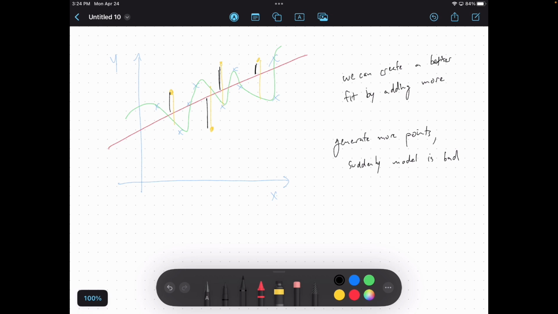Okay, so there's something in between the world of the red line and the world of the green line. And I want to figure out how I can get the best line. We're thinking a little bit more abstractly now. How can I get the best line to fit these things and avoid running into this kind of problem?